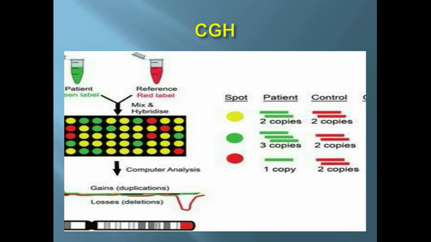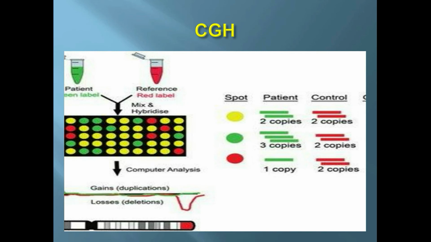And you can see here there is comparison between the patient in green and the reference in red, and these are hybridized to certain probes, and different signals are given in green, in red, and in yellow, meaning that for instance in the yellow spot there are the signals for both the patient and control with 2 copies.